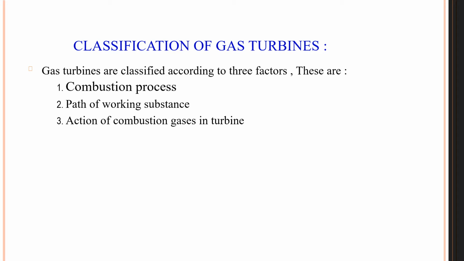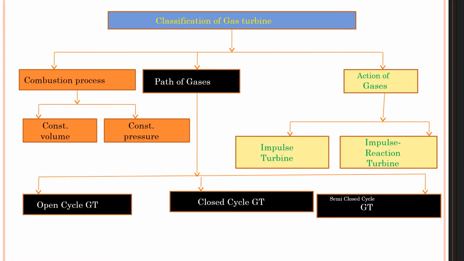So we can classify gas turbines based on factors like combustion, path of working substance, and action of combustion gases in the turbine. Based on these three factors, we divide the gas turbine. For the combustion process, we have the constant volume gas turbine and constant pressure.